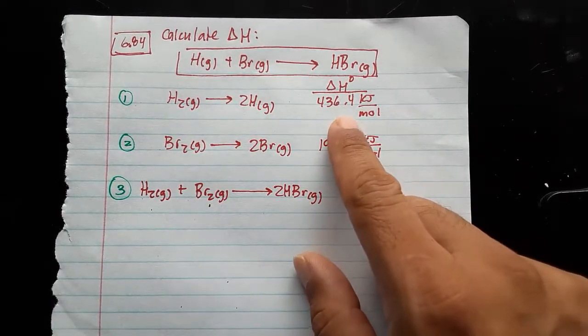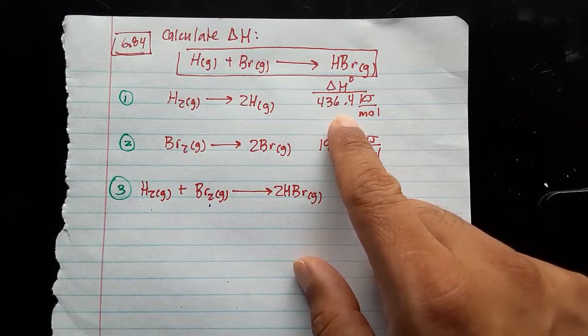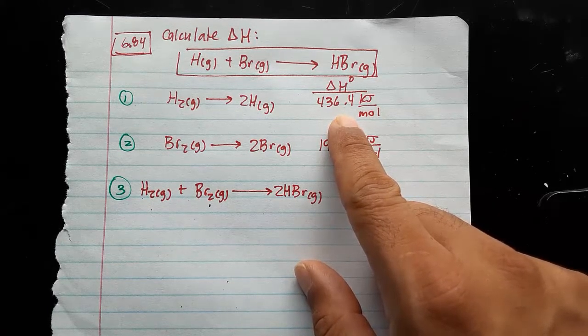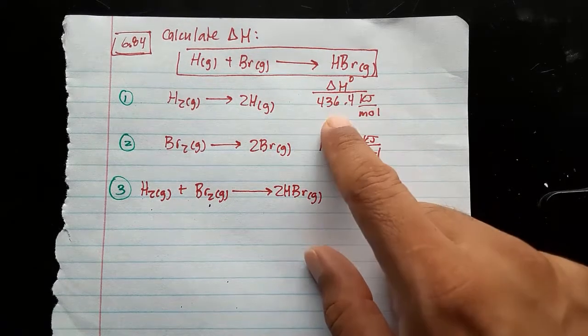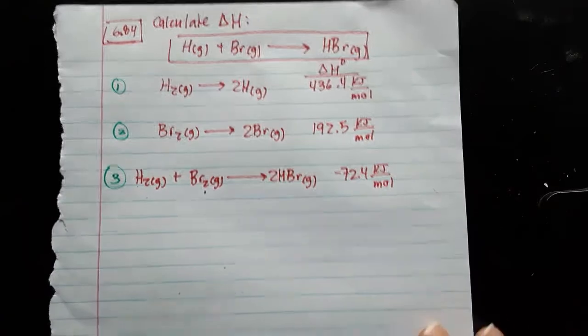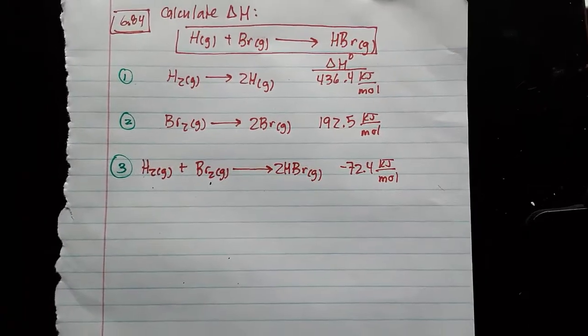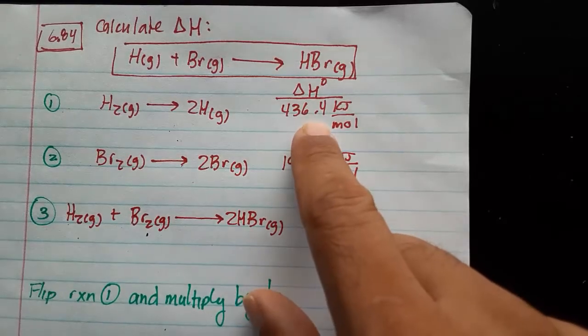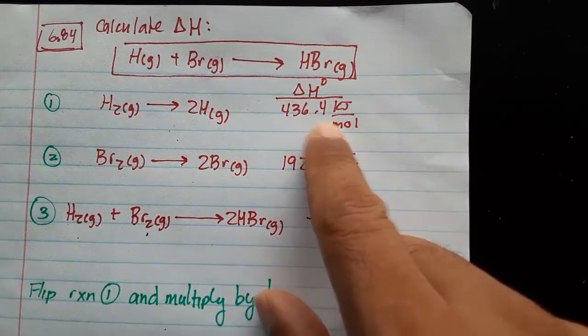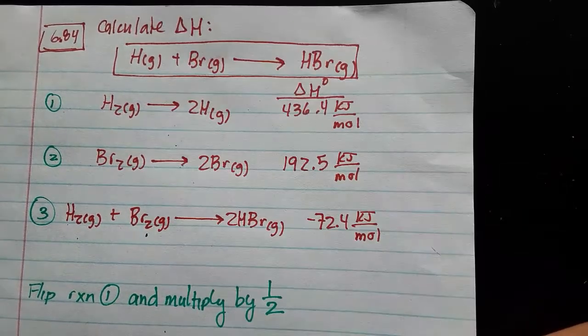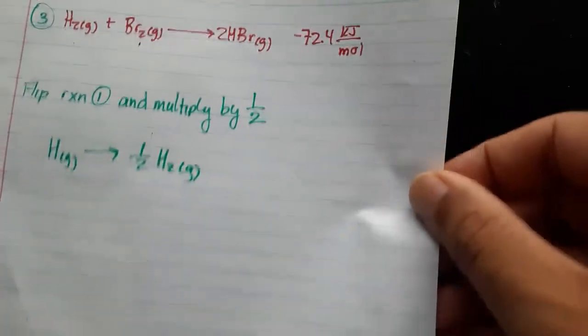So remember, we flip the reaction, and this reaction now flips in sign. We multiply by 1/2. That means we multiply this standard state enthalpy by 1/2 also. So let's do that in one step, killing two birds with one stone. In doing that, this becomes minus 436.4 times 1/2, or the same thing as minus 436.4 divided by 2.